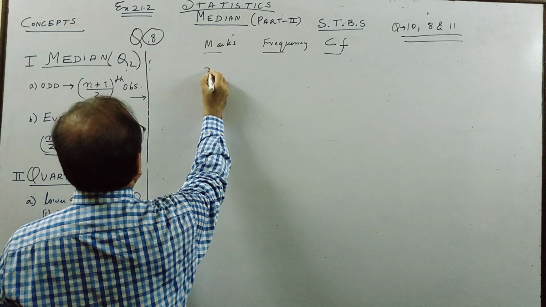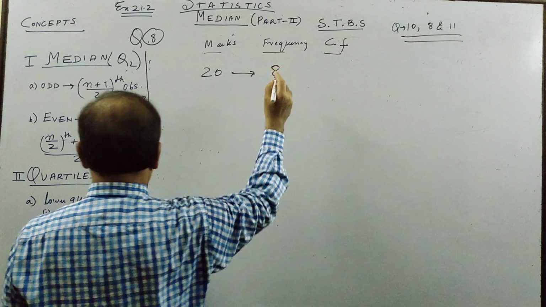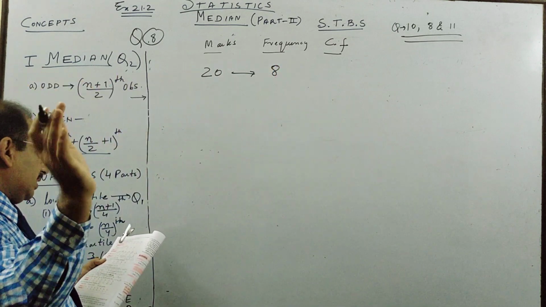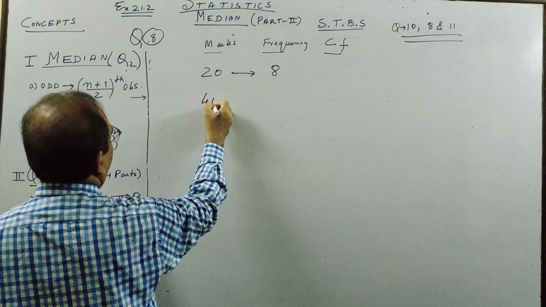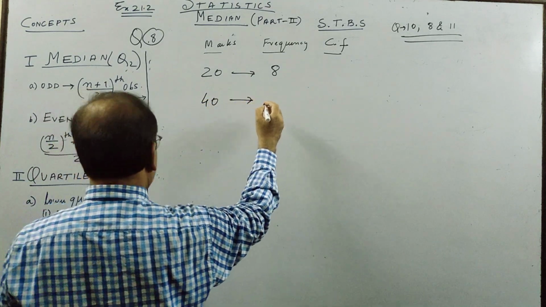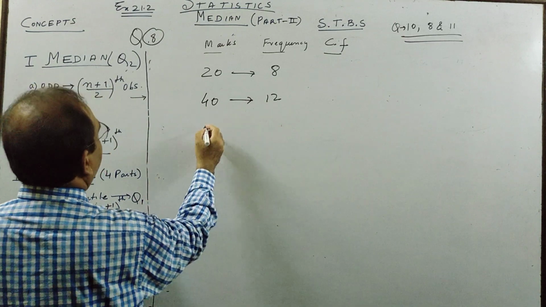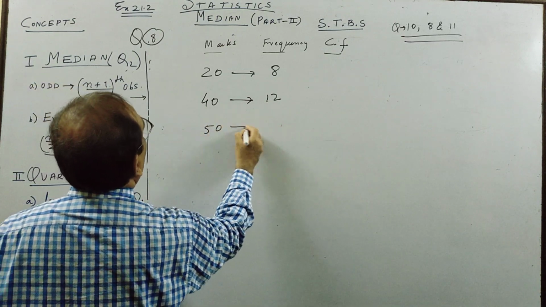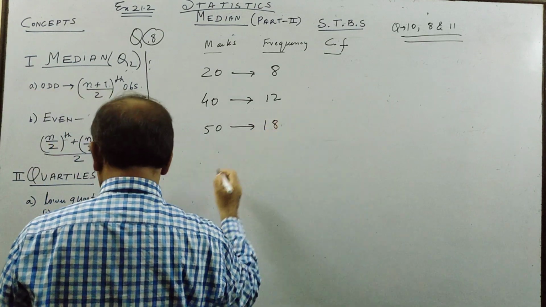So 20 is with frequency 8. Next in the book it is given 70, but if you take ascending order, next will be 40, whose value is 12. Then next is 50, whose value is 18.